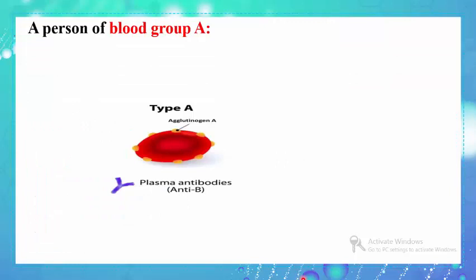According to the discoveries about blood groups, for example, a person with blood group A, we recall again, has on the surface of the red blood cell agglutinogen A, and in the plasma, anti-B.